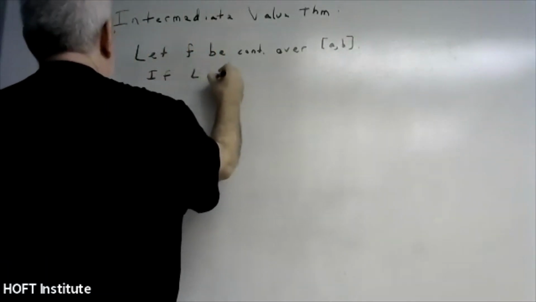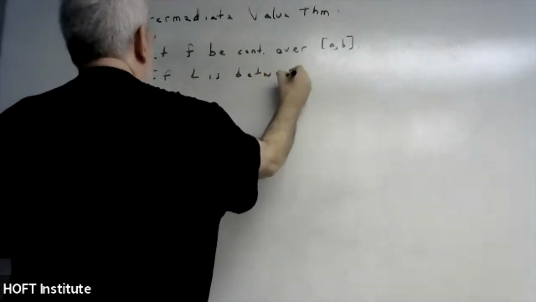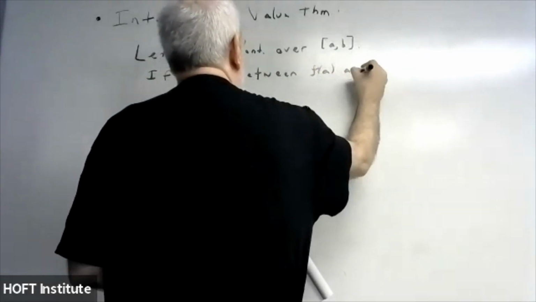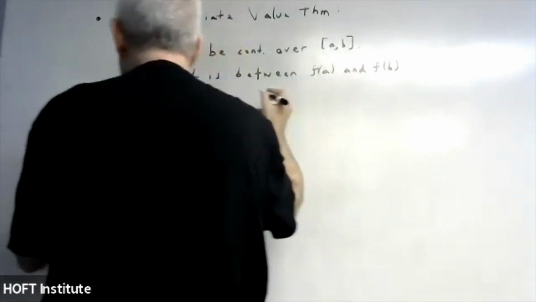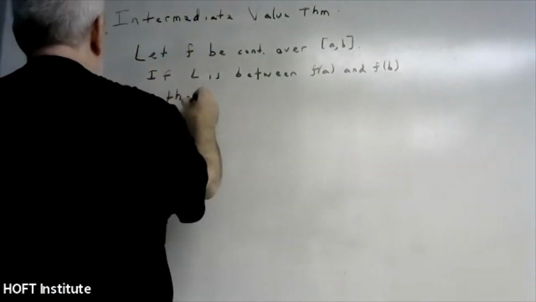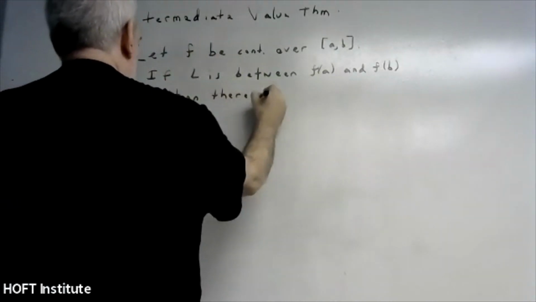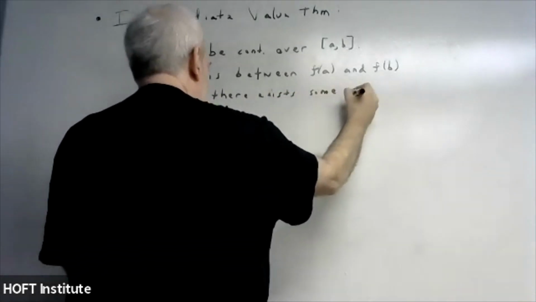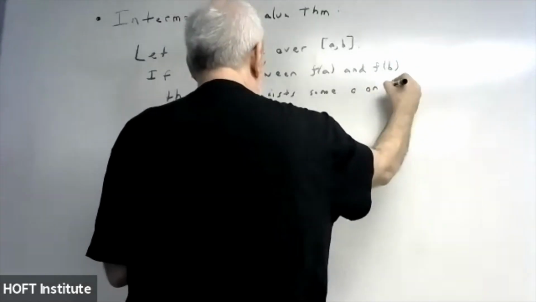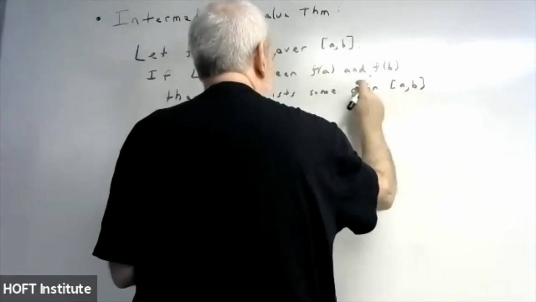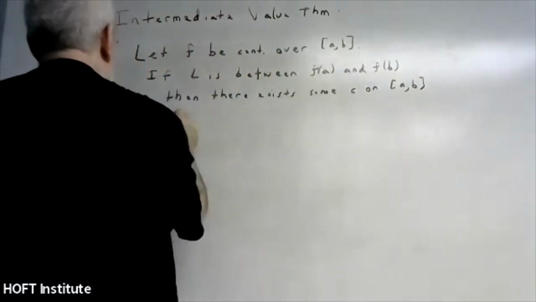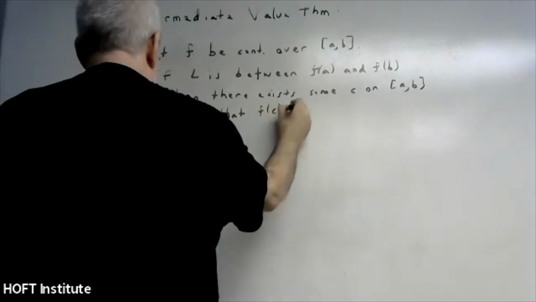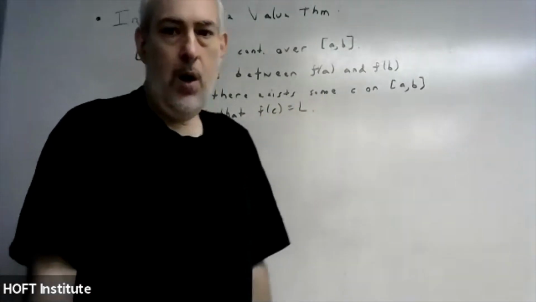If L is between f of A and f of B, then there exists some C on the interval A to B such that f of C equals L. Okay.